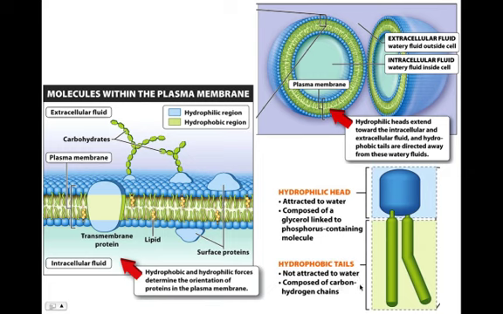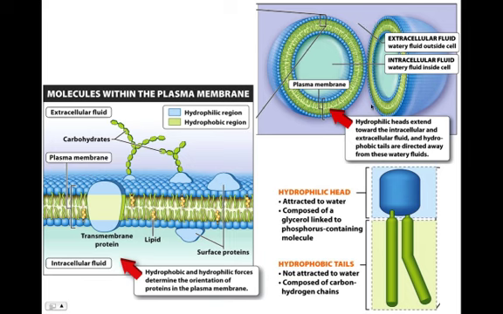As we had mentioned before, our hydrophilic heads extend toward our intracellular fluid and the extracellular fluid. Extra meaning outside the cell, intra meaning inside the cell, and the hydrophobic tails are directed away from the water because they do not like water, so they hang out with themselves in the center.